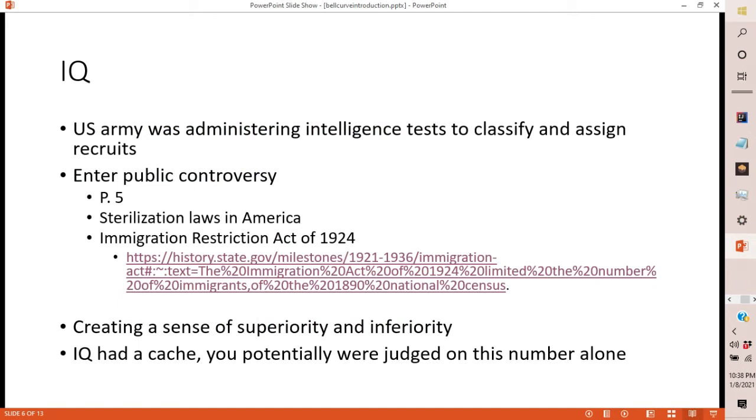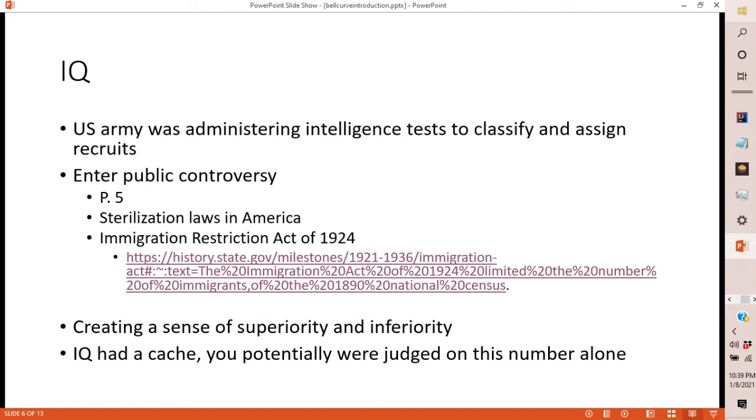And IQ had a cachet to it during these times. If you had a high IQ, you were seen as smart, trustworthy. You probably had access to better education, a job.